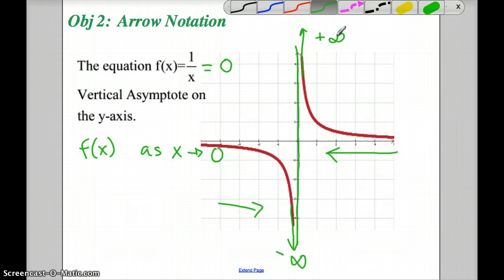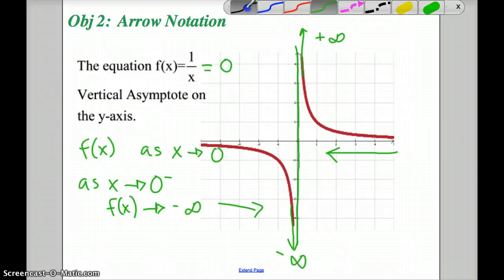So the way we describe this is we say that as x approaches 0 from the left, from the negative side, f of x approaches negative infinity. So we're trying to describe what's happening at these asymptotes. This is one description we can write.